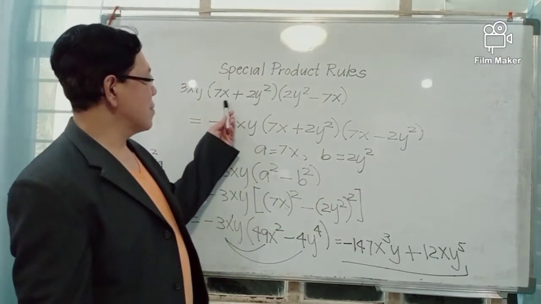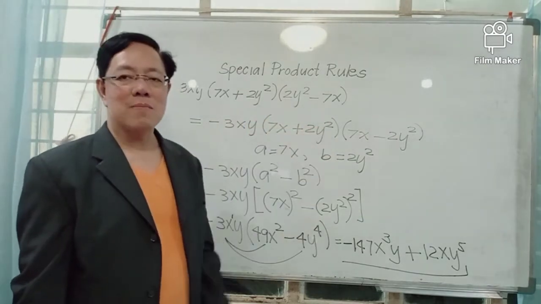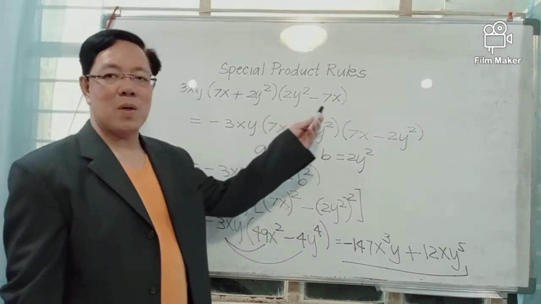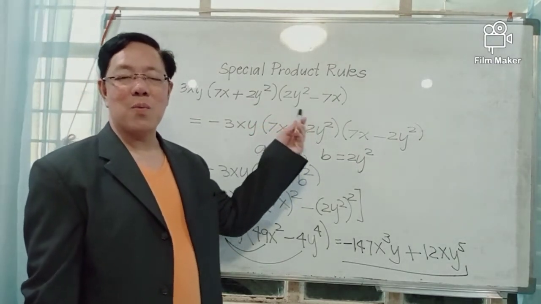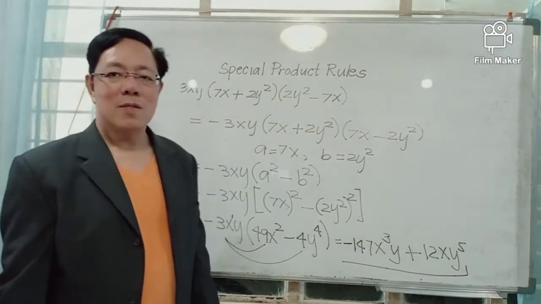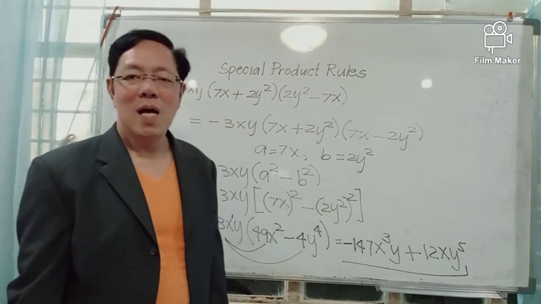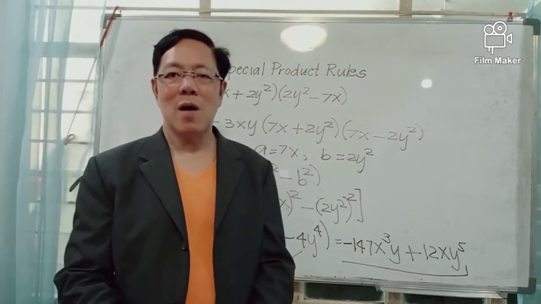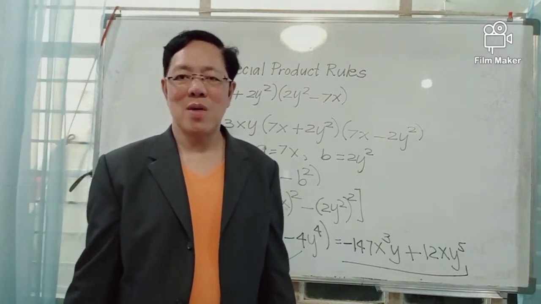If both terms appear in both binomials but in different order, you have to rewrite first, as we did in this example. Rewrite the order of the terms of one of the two binomials, so that the two binomials will have the same first term and the same second term, and they will only differ in the operations between the two terms in the two binomials.